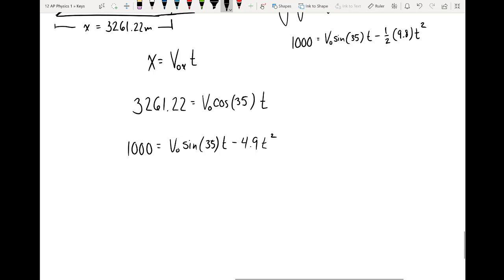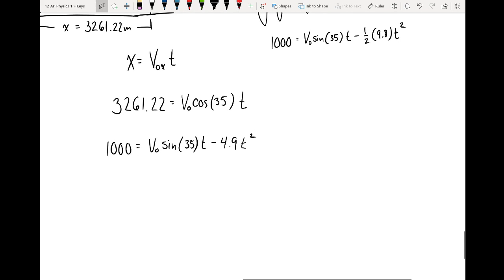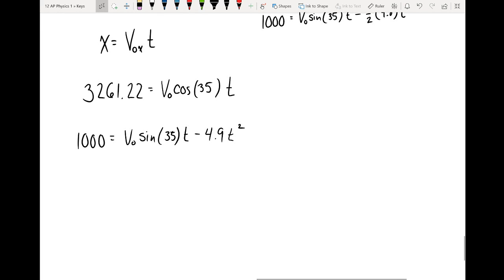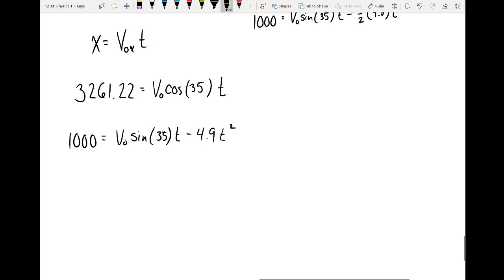All right, and we can really go about this two ways. We can either plug in for t or plug in for v naught. I think I'm going to plug in for t, because really what I want is v naught. So I'll solve this for t, so we end up with an equation for v naught. So I'll say t is equal to 3261.22 divided by v naught cosine of 35.